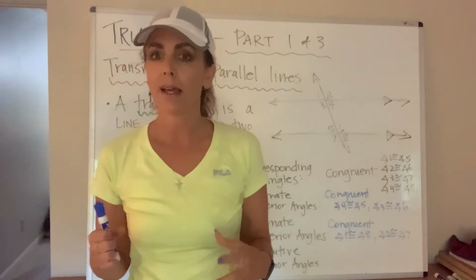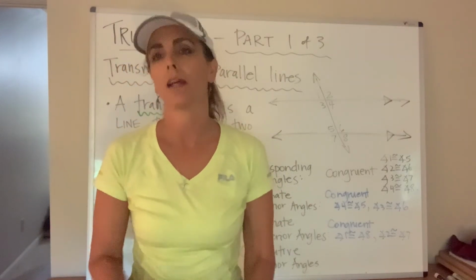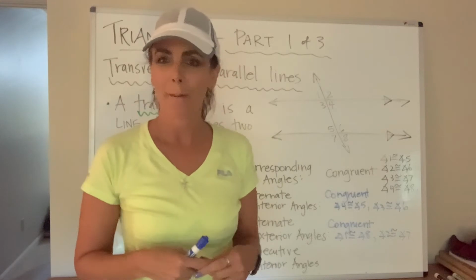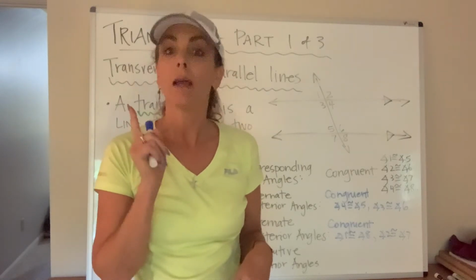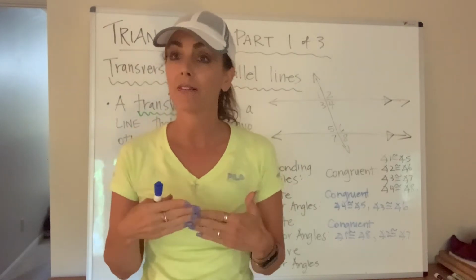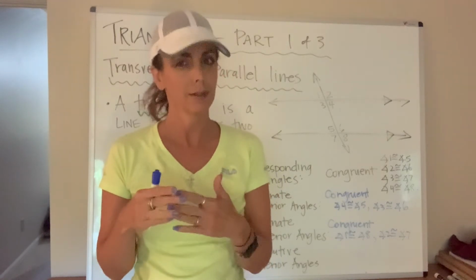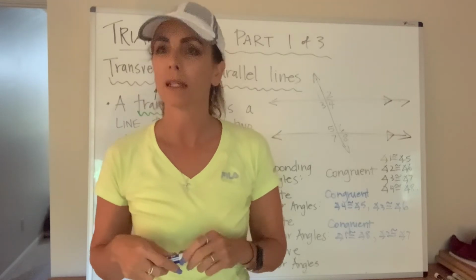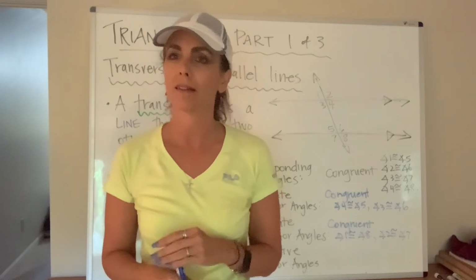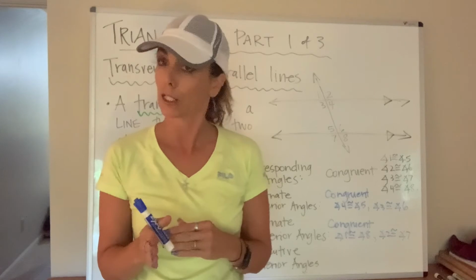All right, that last set is going to be consecutive interior angles. And what do you think about them? I might have kind of tricked you, because consecutive interior angles are not necessarily going to be congruent. In fact, there's only one case in which they are congruent, and that's if the transversal is perpendicular.